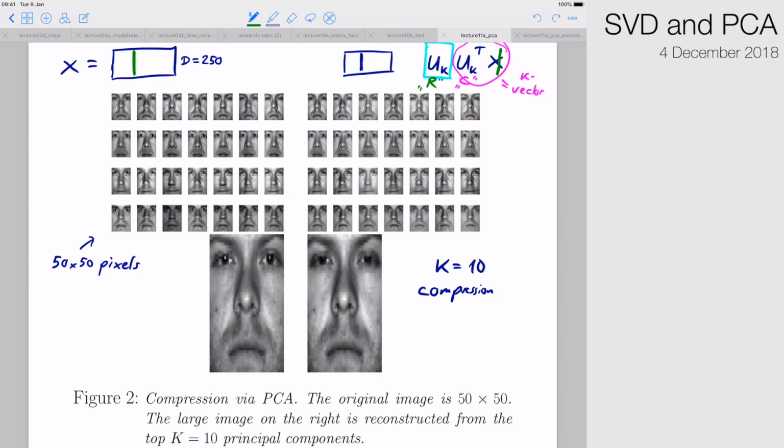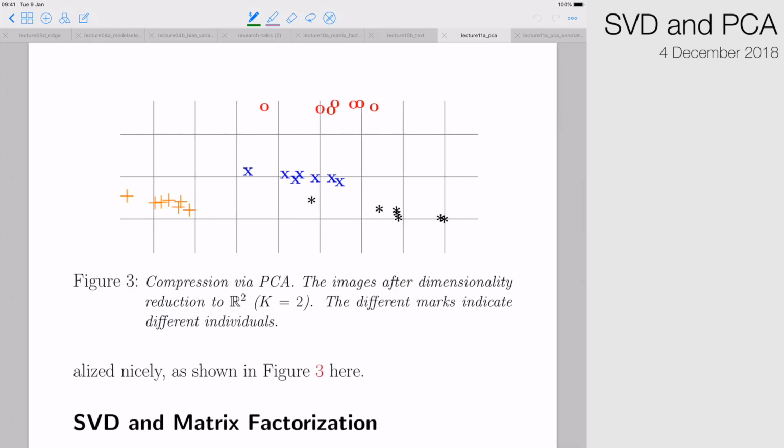And so now you get a data point in the K dimensions. So you went from D to K for every data point. If you look at that point, so then you can do it for K equal 2. And again, see if you get a meaningful approximation or meaningful representation of your points.